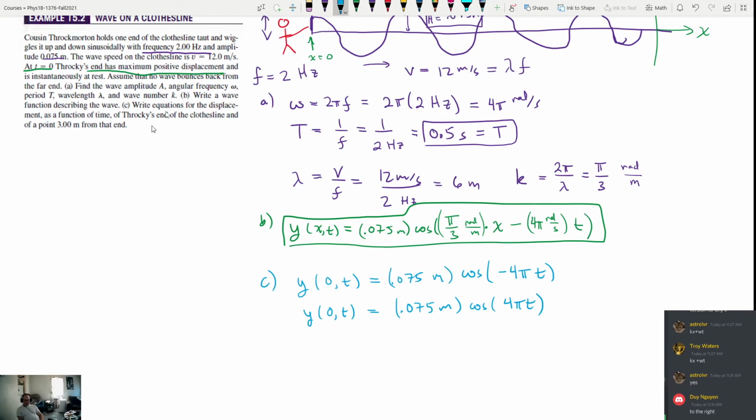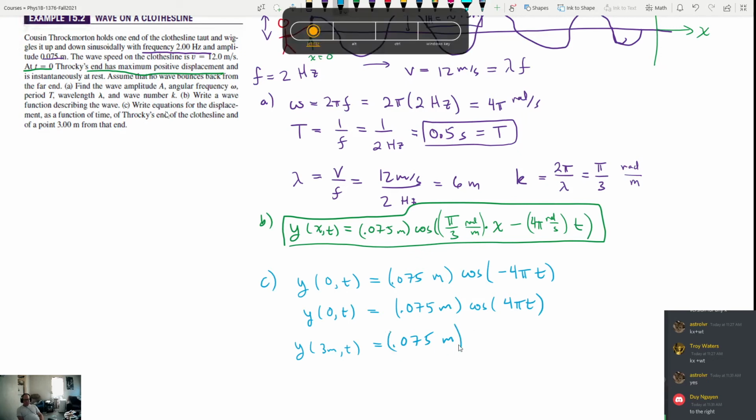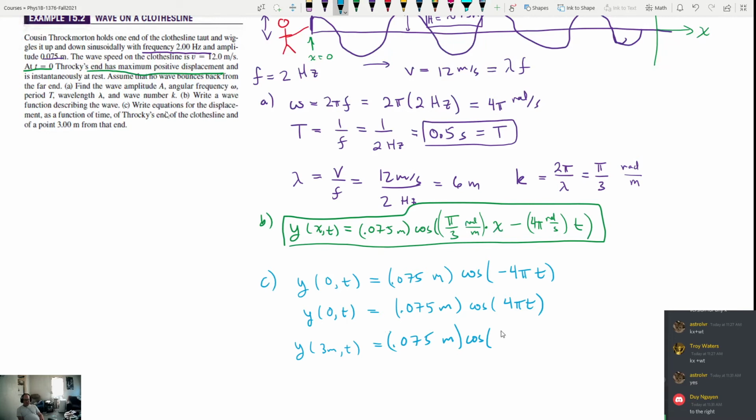And it also wants us to write the equation at a point 3 meters from that end. Okay, so that's going to be y of 3 meters comma t. So this is going to be 0.075 meters, and we're just going to plug in the cosine of pi over 3 times x. So I guess I won't skip steps.